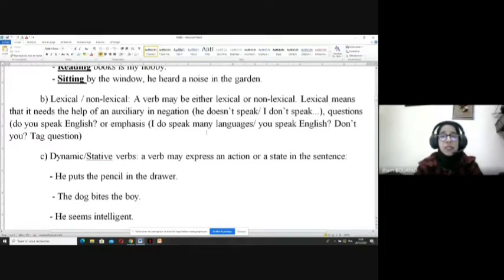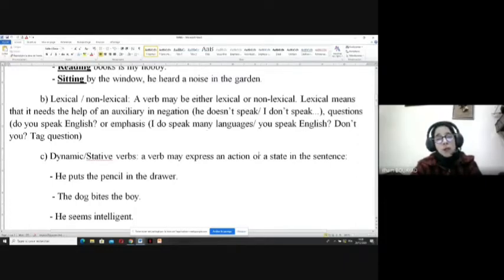So here, dare is a modal auxiliary. So these are the exceptions of modal auxiliaries that may be either lexical, taking the help of do, or they can occur in a sentence in which they don't need any other auxiliary for help.